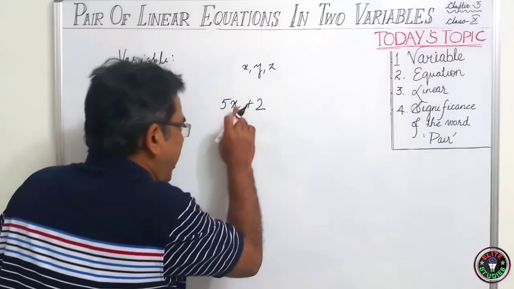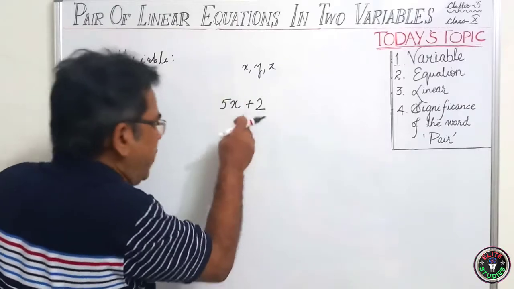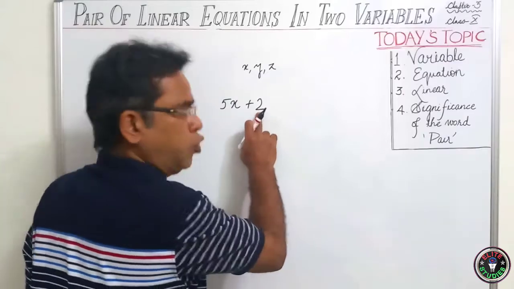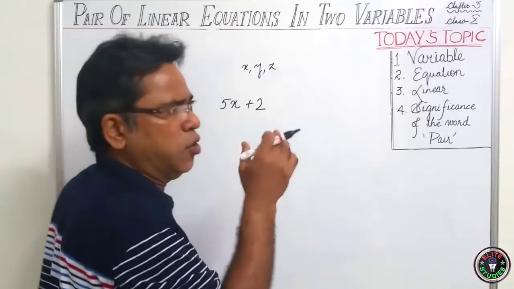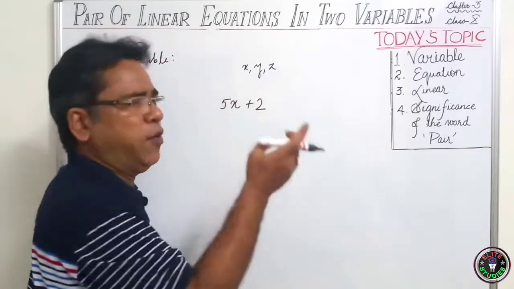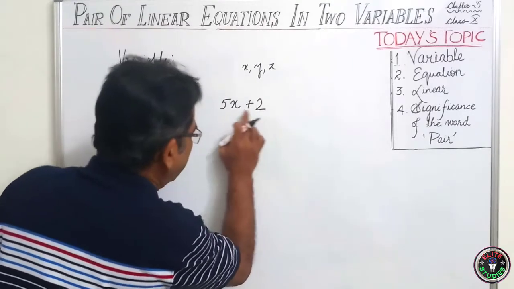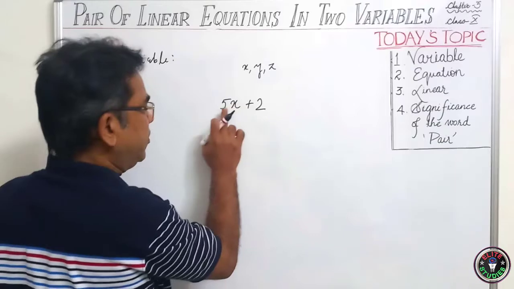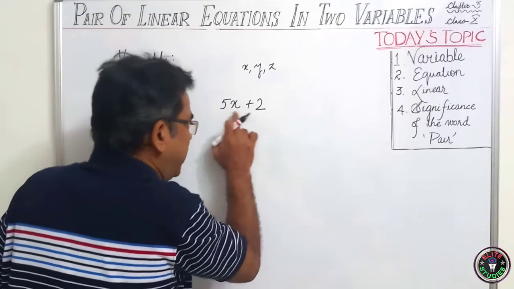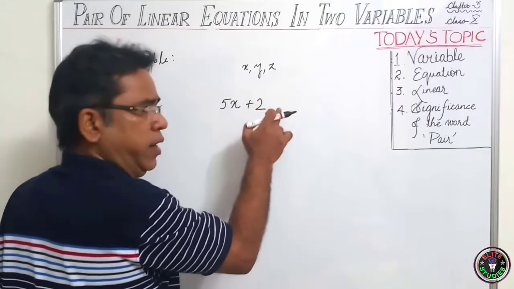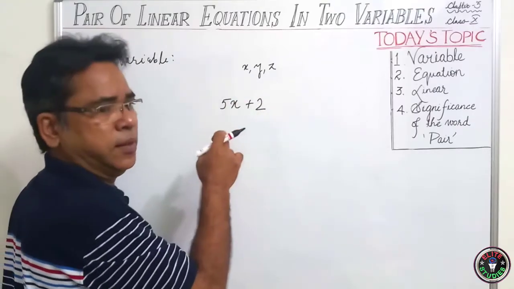So as and when x changes, 5x changes accordingly. But this 2 is not going to change whatever be the value of x. So in this thing, if you see the two terms, then 5x is a variable, but this 2 is not going to vary whatever be the value of x.